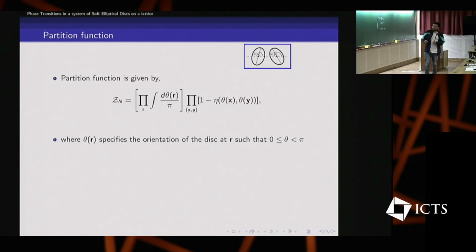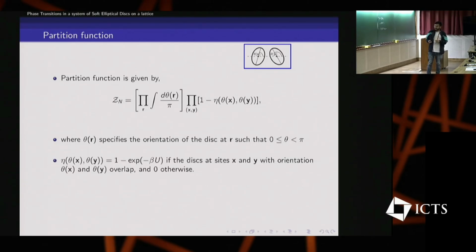This is the partition function of this model, and it looks like a Mayer expansion, where the first product is over all the disks and the second product is over all the pairs of neighboring disks, and theta takes values between 0 and pi. Eta can be thought of as an overlap function: given two sites with orientations theta x and theta y, if they overlap it gives the contribution 1 minus exponential of minus beta U, and if they don't overlap it gives 0. The U tending to infinity limit gives the hardcore limit, where this function just becomes a collection of ones and zeros.